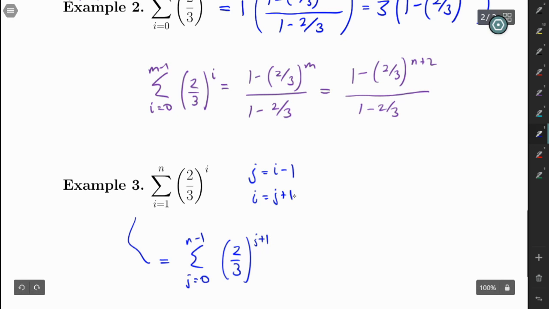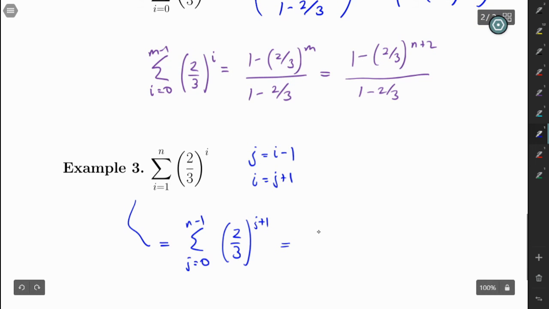So here I'm using this equation that we derived. And this is going to be the sum from j equals 0 up to n minus 1 of 2/3, and then 2/3 to the power of j.